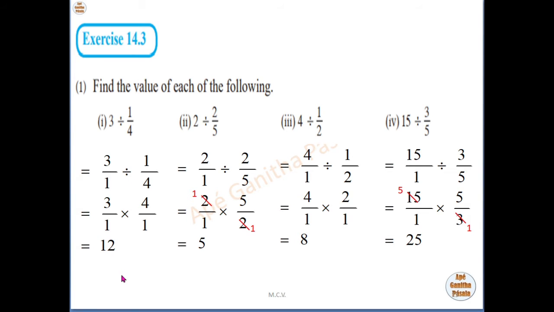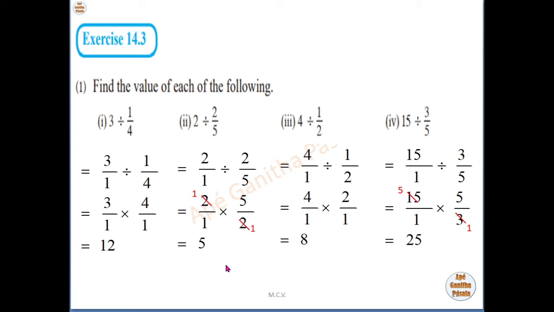Here this one. 2 divided by 2 over 5. 2 can be written as 2 over 1. Reciprocal of 2 over 5 is 5 over 2.